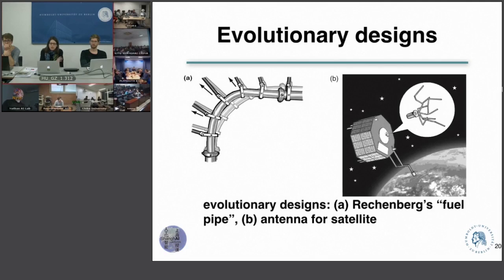Some other things where you can apply that are, for example, antennas for satellites, which were up to that time also designed by hand, by engineers, by humans, and it wasn't really sure what kind of shape these satellite antennas should have.